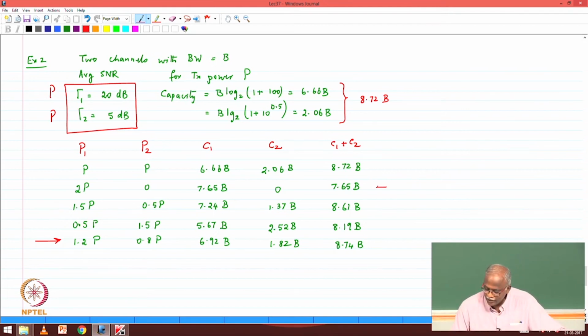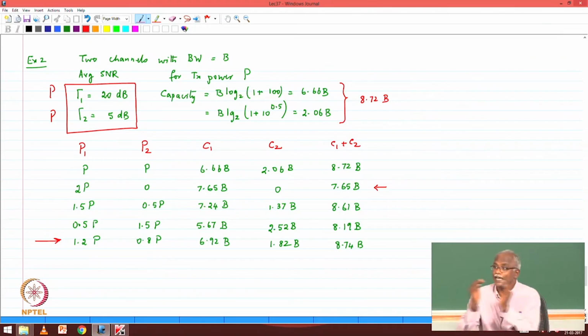Why didn't this case work? I gave 2P to the good channel, right? Why didn't it work? I'm surprised by that result, am I not? Because I've given all the power to the good channel. Capacity is a logarithm, it's log of the power, right? So, the bandwidth term is sitting outside.